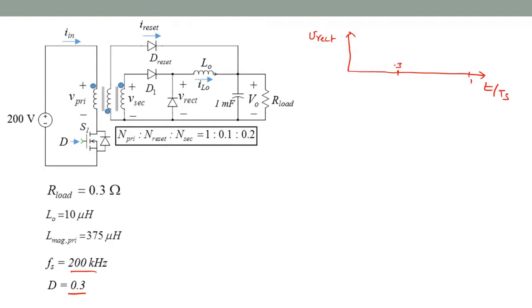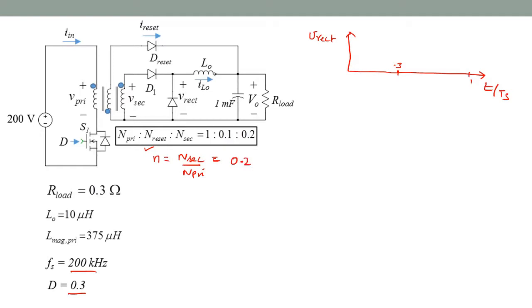During the on interval, during the DTs period, the Vrect voltage is V secondary, which is nothing but N times the input voltage. Given the turns ratio N, which we normally define as N secondary over N primary, and N primary is 1, this is simply N secondary of 0.2.